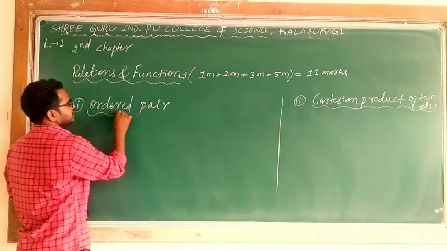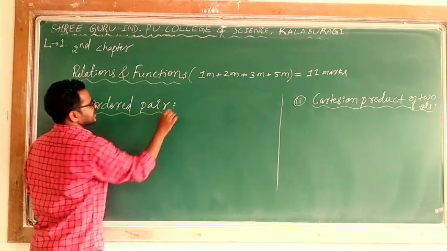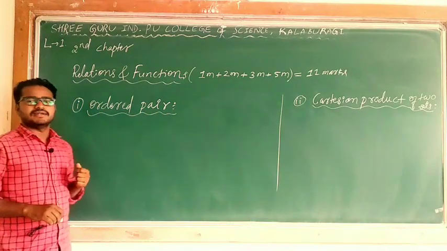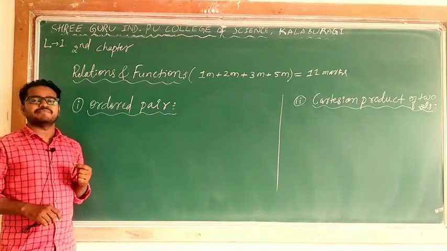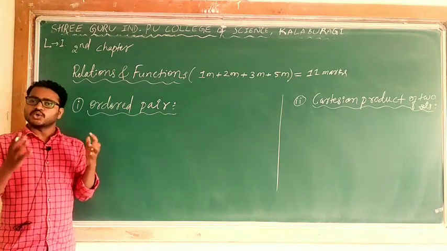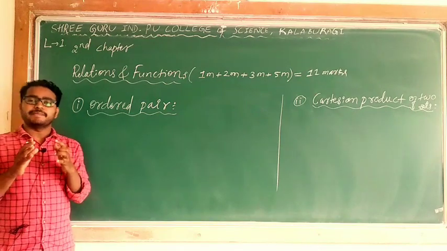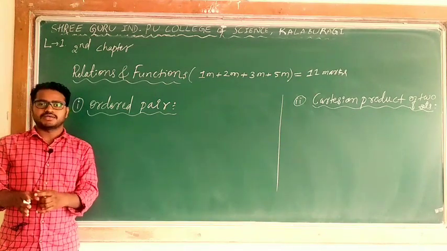What is an ordered pair? The name itself says it: one pair taken in order. So an ordered pair is a pair of elements grouped together in a particular order.